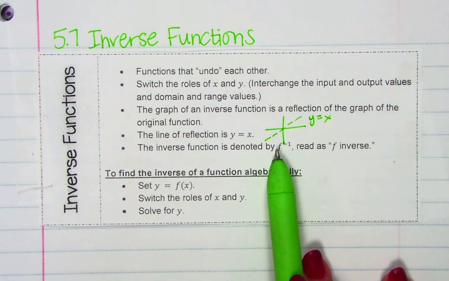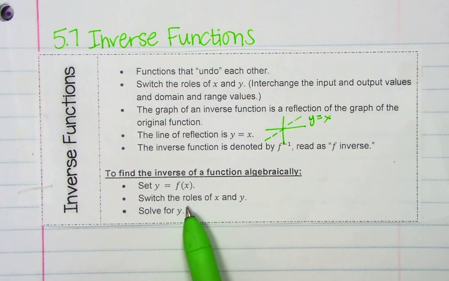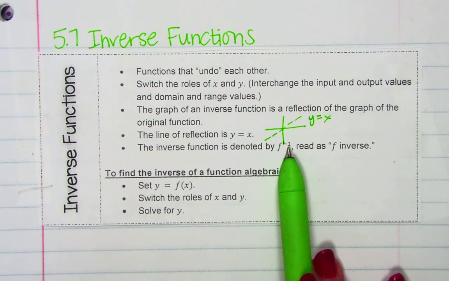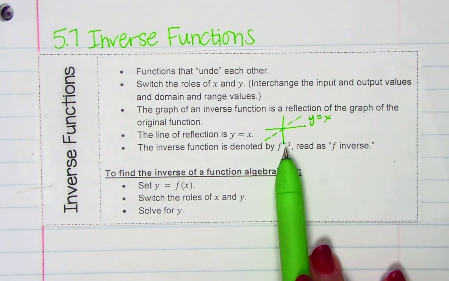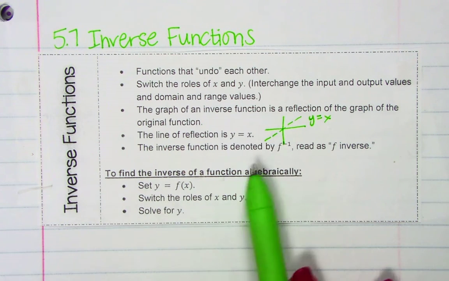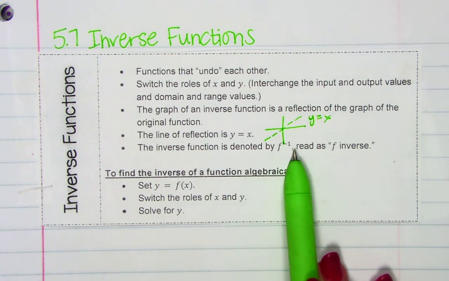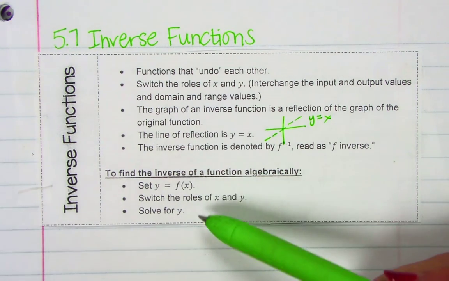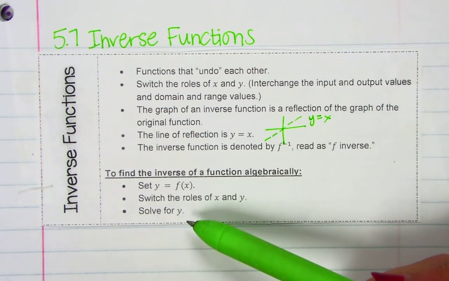And while we use f of x for the original function, that's been our original all year, even when we do transformations and stuff, the inverse is f to the negative 1, which the way you say it is f inverse. So they're both f's. The inverse just has negative 1. And here are the 3 steps we're going to follow when we solve for the inverse.